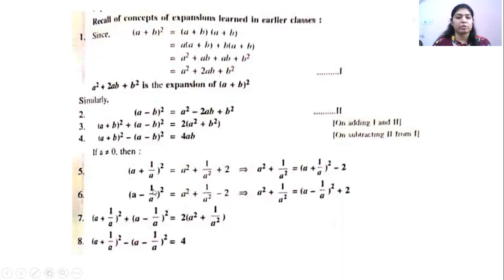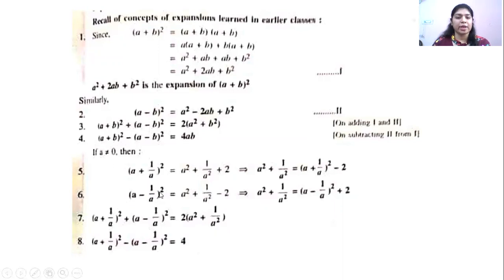Similarly, for (a minus 1 by a) whole square, it will be a square plus 1 by a square minus 2. And if we add these two, it will give you the same 2(a square plus b square), but here we have replaced b with 1 by a, so it will be 2(a square plus 1 by a square).